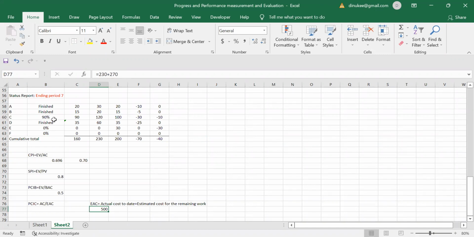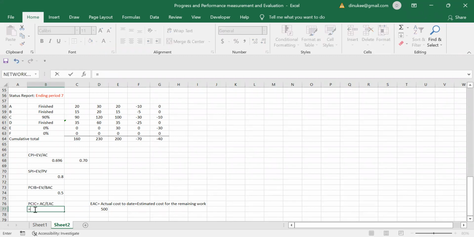For those 4 days, I am assuming that 270 cost is going to be incurred, right? So at the 7th period, the actual cost is 230, and for the remaining work I am assuming it will take 270. That means EAC is going to be 500.